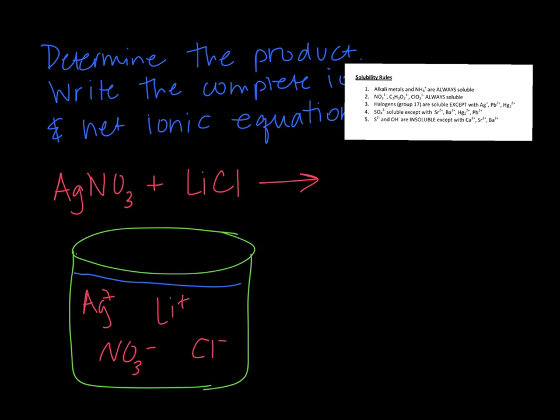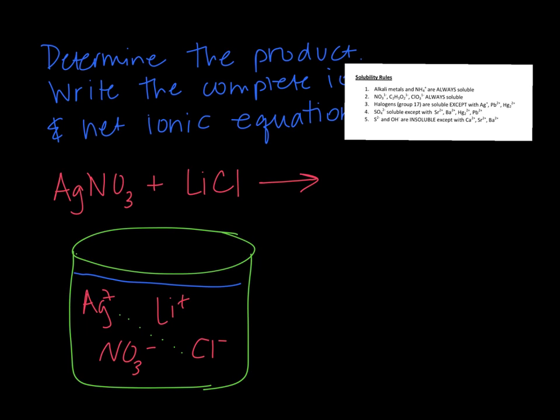And so lithium could go back to chloride, but it's not going to form anything because it's still sitting in the water. It's just going to stay dissociated. The silver could go back to nitrate, but it's not going to form anything. It's just going to stay dissociated. But when the silver and the chloride meet each other, they form something that can't dissolve.